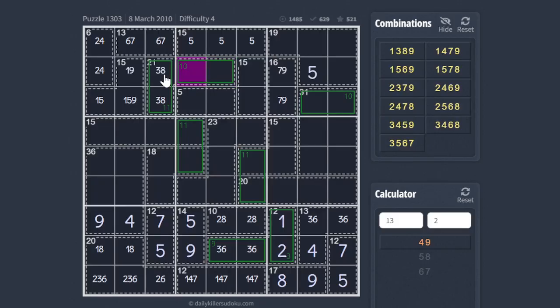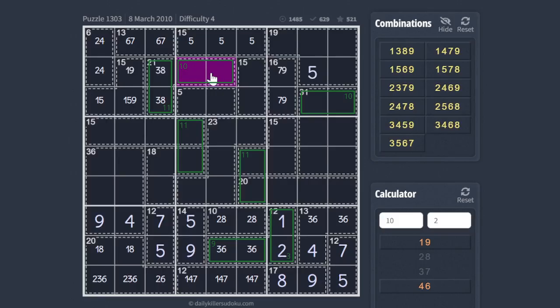Now, the pseudo 11 and the pseudo 10 all belong in this real 4-cell 21 cage. And so if this is a 10, we're not going to get the 3 or the 8 combinations. We have the 1, 9 and the 4, 6 that are remaining.